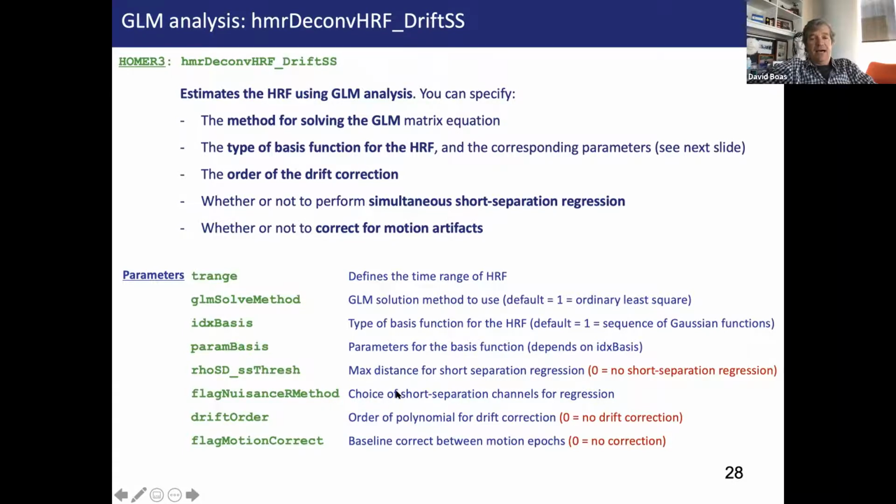This is how you decide whether to use the nearest short separation channel, the most correlated short separation channel, or the average of all the short separation channels. Here you enter the polynomial order for the drift correction. And we did play around a little bit with doing motion correction as part of the GLM, but this doesn't work very well, so we don't use it, so it's 0.